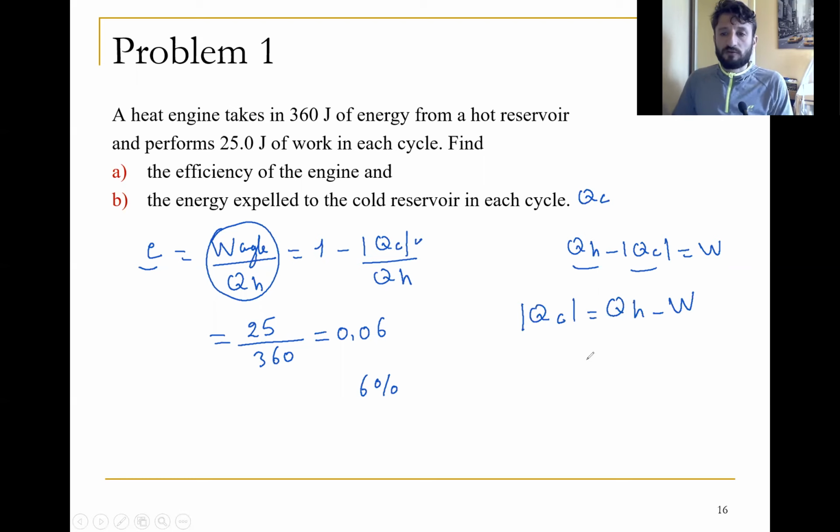So equals Q hot 360 minus omega 25. We have 335 joule. When I take the absolute value. If we don't have absolute value, Q cold equals minus 335 joule.